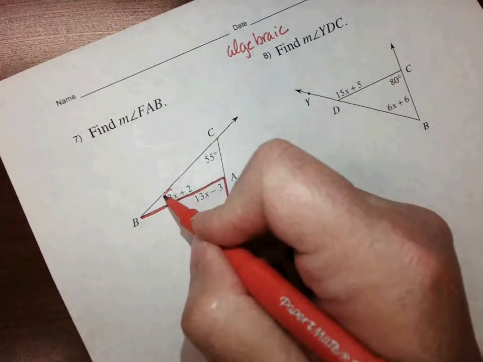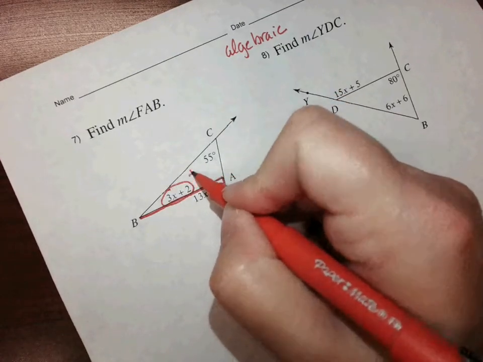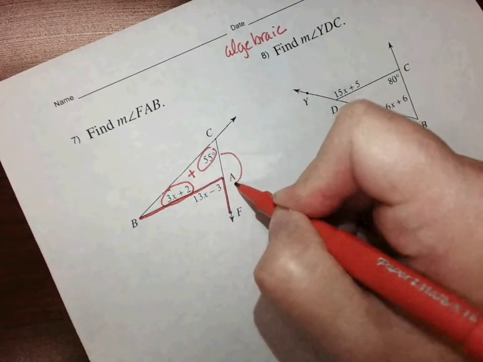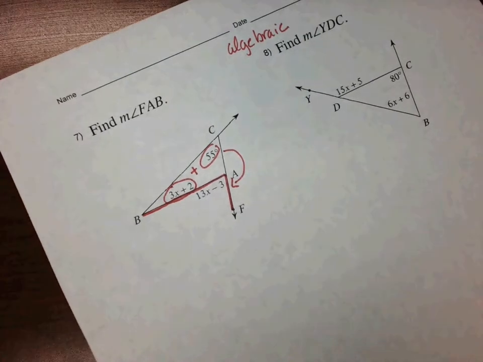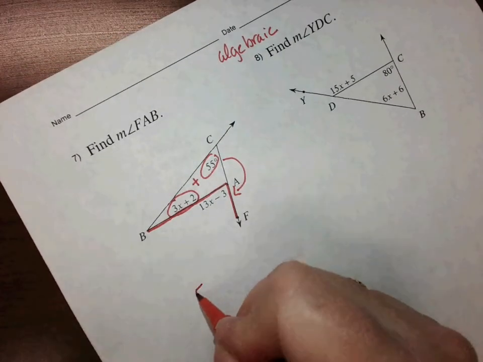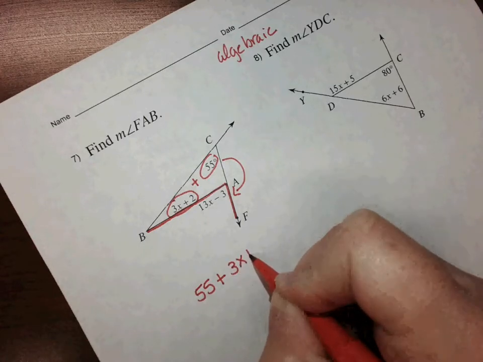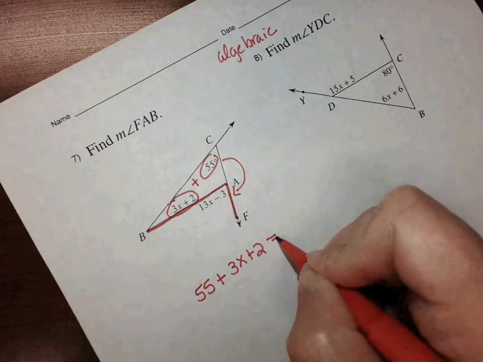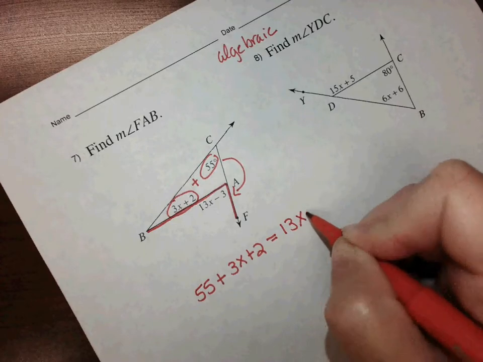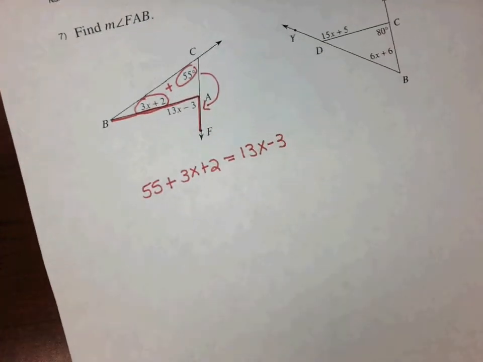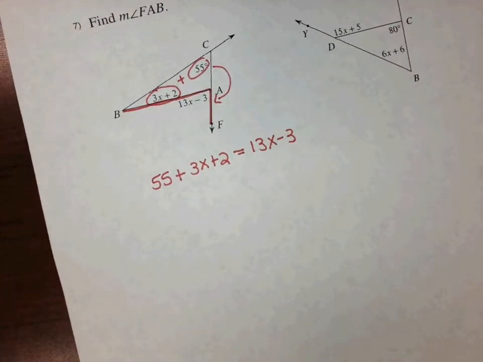So here's what I know. I know that this angle plus this angle is going to equal my exterior angle. So if I do 55 plus 3x plus 2, it's going to equal 13x minus 3. Okay?